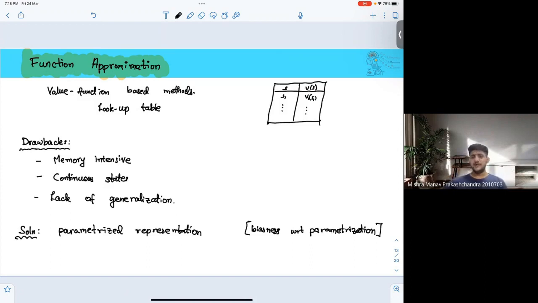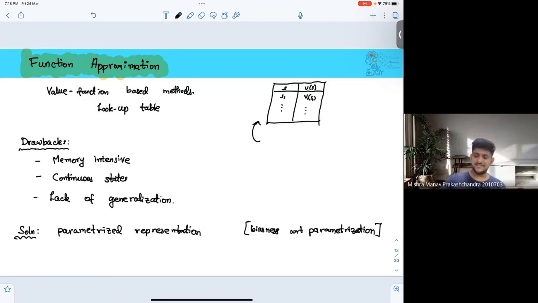If the number of parameters theta is almost equal to the number of states, then it is similar to the lookup table representation, because for each particular state I have some value function that is a particular parameterized representation for that.